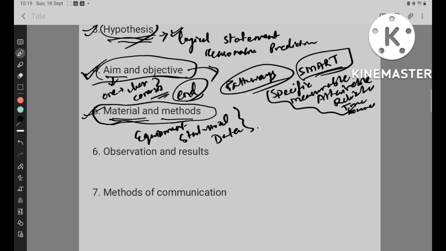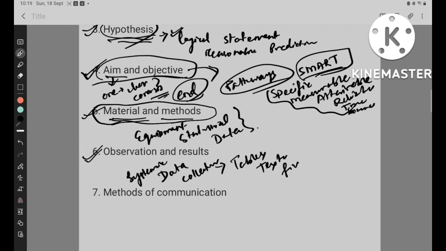After stating the materials, we need to state the data, the systemic data collection. That comes under your observation and results part. The systemic data collection can be expressed in terms of tables, text, figures, or any kind of methods.